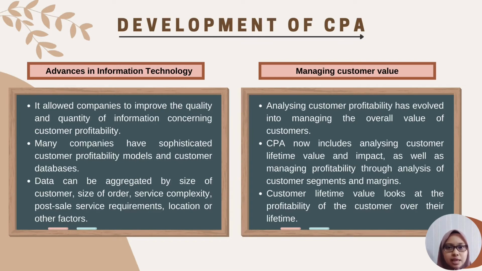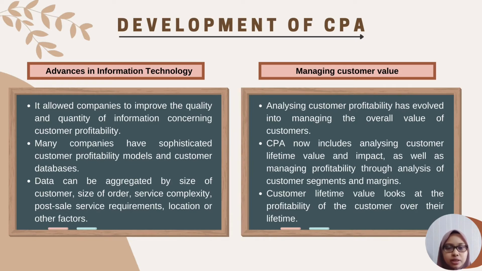Data can be aggregated by size of consumer, size of order, service complexity, post-sale service requirements, location, or other factors. Information technology can provide detailed information and analysis on individual customers or groups of customers.